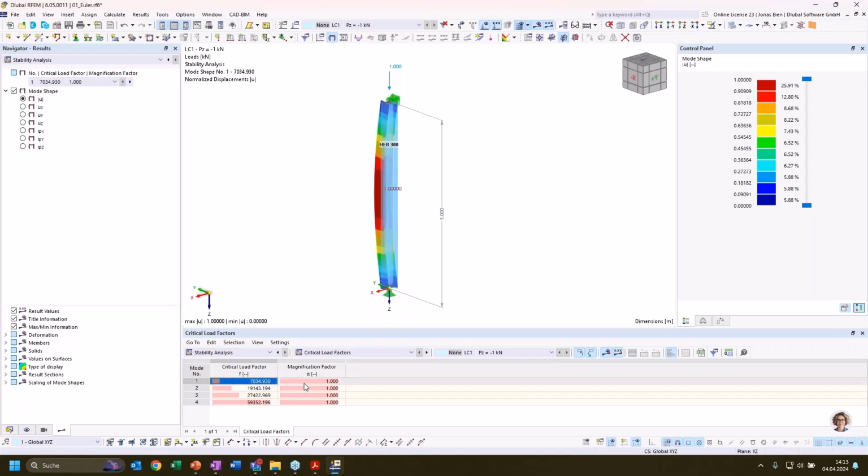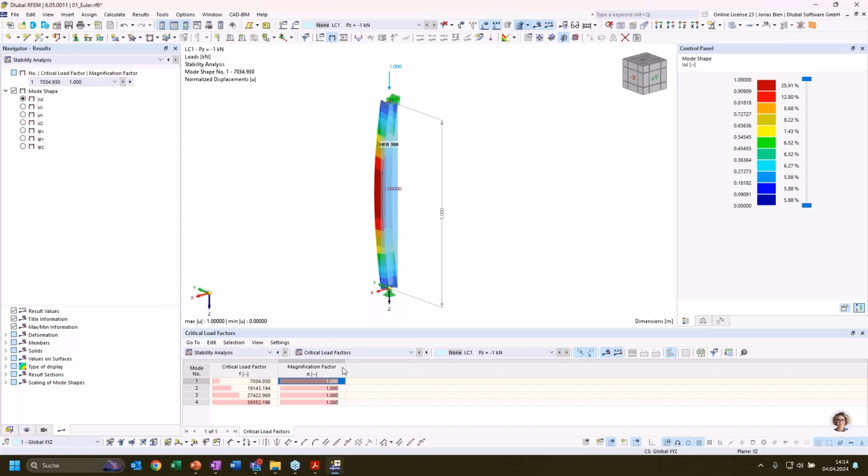Then we have also a magnification factor, which is also known in steel construction as the Dischinger factor. It can, in some cases, be utilized to calculate internal forces according to second order theory by just multiplying this magnification factor to the first order internal forces.